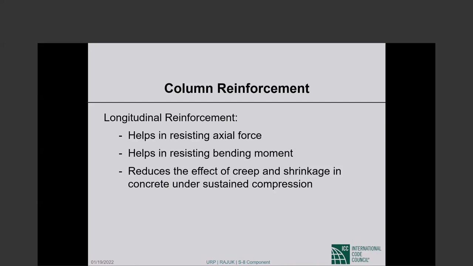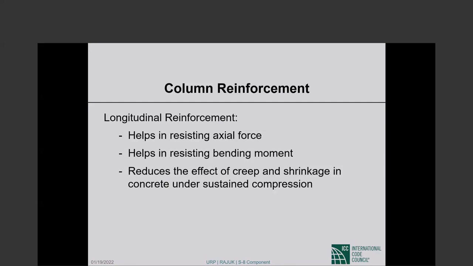And also, when a member shortens because of, let us say, creep, the load that was carried by the concrete now transfers to the reinforcement, so that the reinforcement shortens some more. Like in a member, the concrete part cannot shorten any more than the steel part.